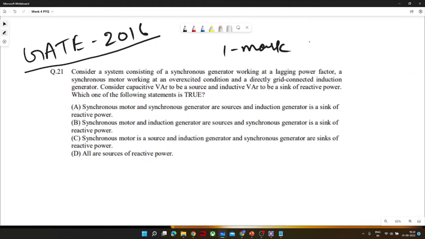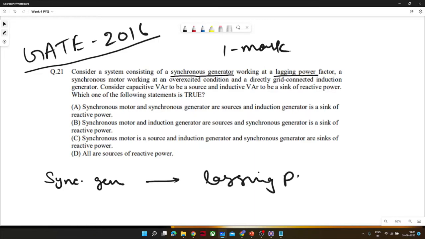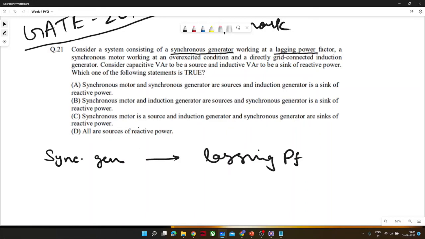So it is asked that consider a system consisting of a synchronous generator working at a lagging power factor, and a synchronous motor working at an overexcited condition.